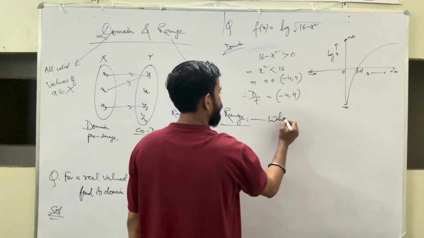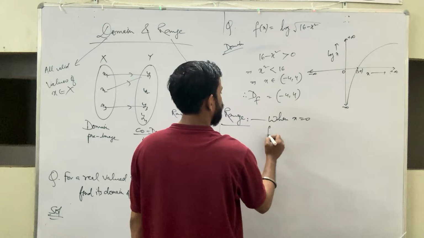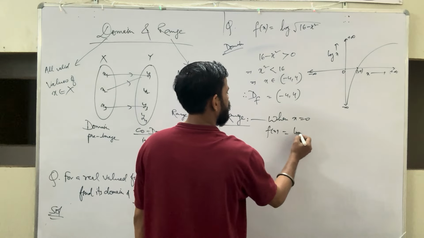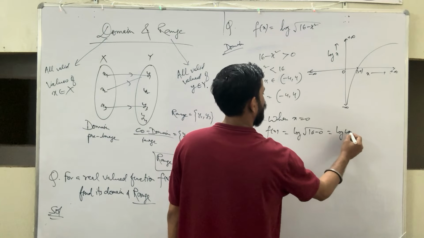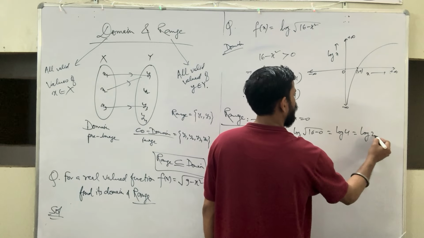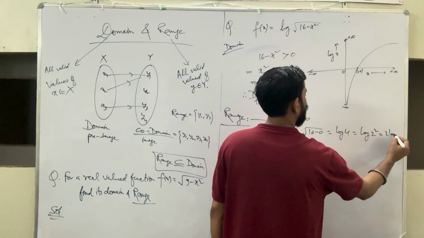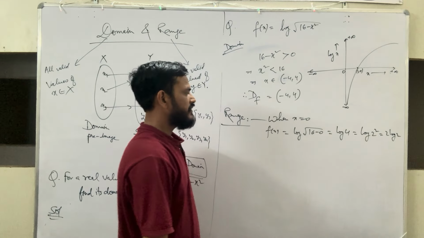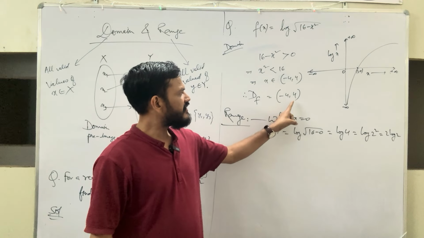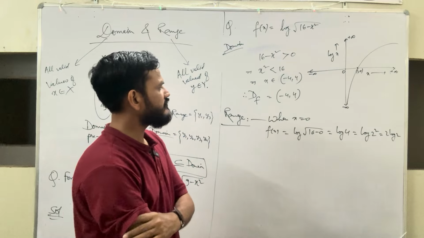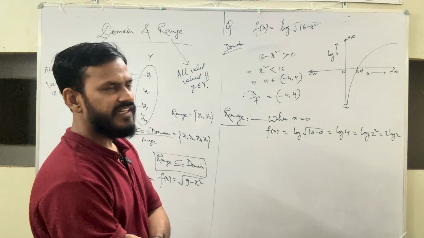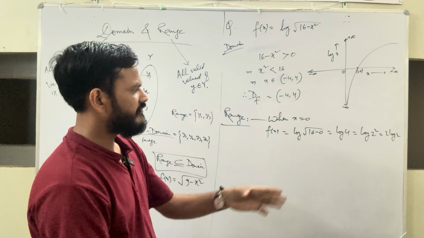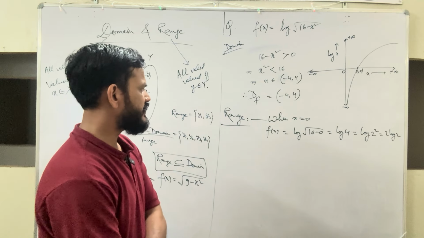So when x becomes 0, f(x) becomes log of 16 minus 0, log of 4, log of 2 to the power 2, that means 2 log 2. Remember, the function can attain 0, and if x can be 0, the value will be 2 log 2, right?